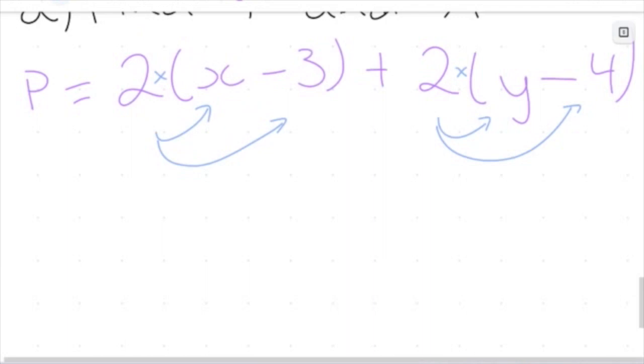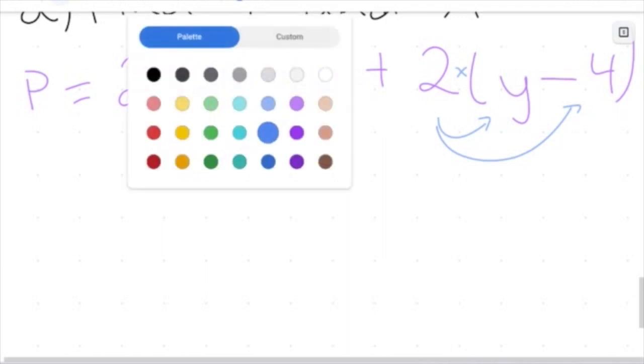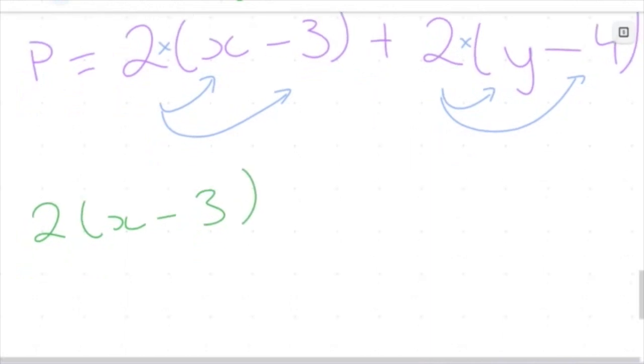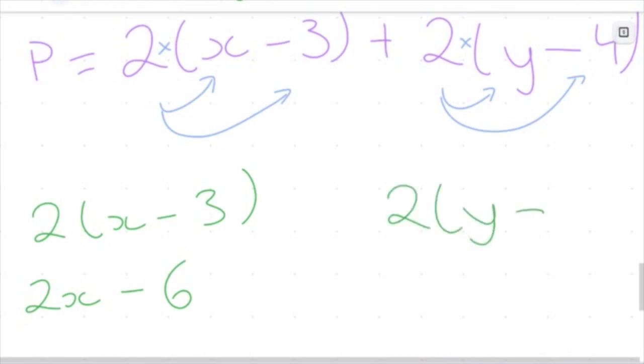So my first thing here, let's do these separately. So 2 outside of x minus 3, that is like saying 2x, because 2 times x gives me 2x. 2 lots of negative 3 gives me negative 6. And over here, I have 2 lots of y minus 4.